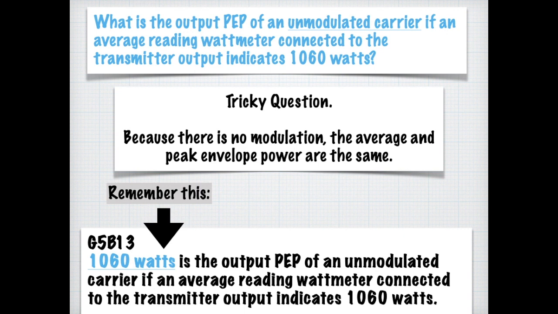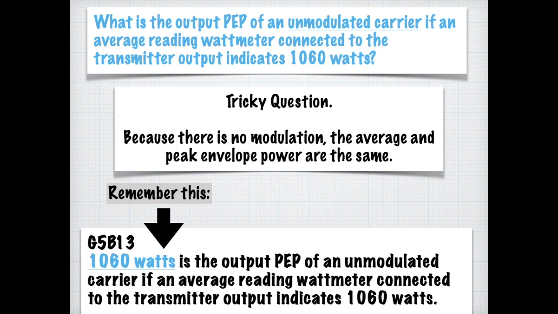And we have another trick question. The question, if you find one that says, what is the output peak envelope power of an unmodulated carrier if an average reading wattmeter connected to the transmitter output indicates 1060 watts? Again, because there's no modulation, the average and the peak envelope power are the same.